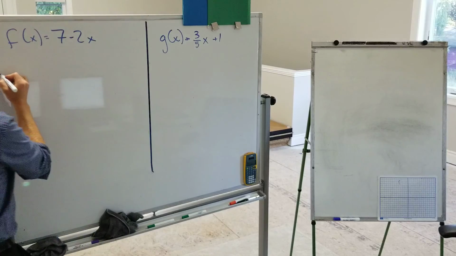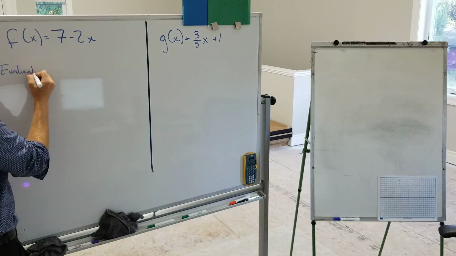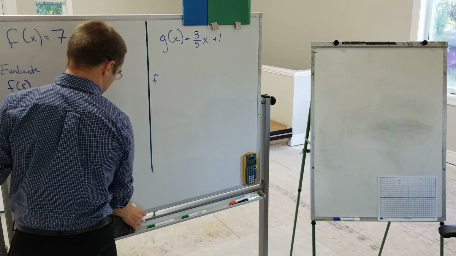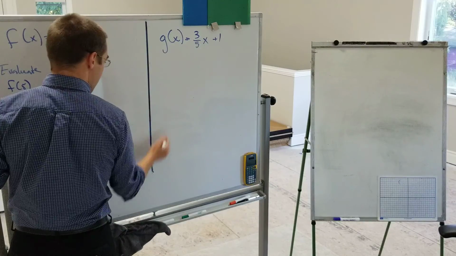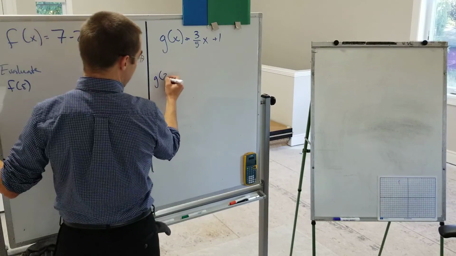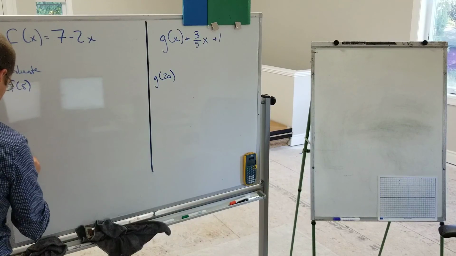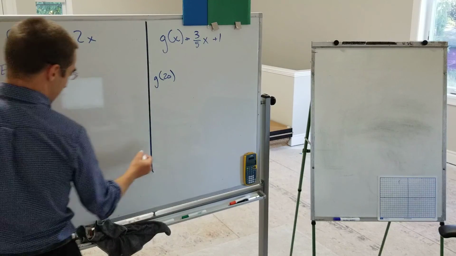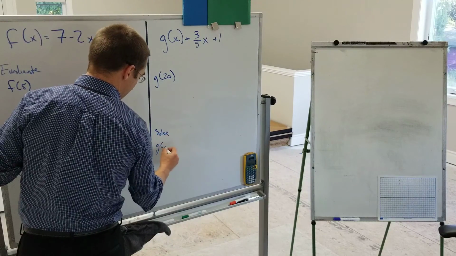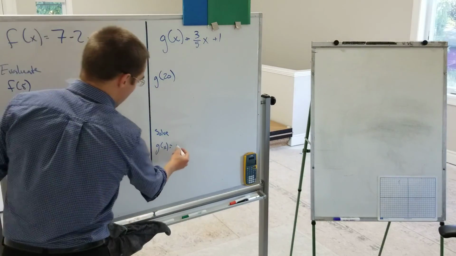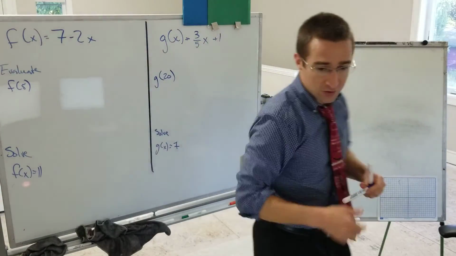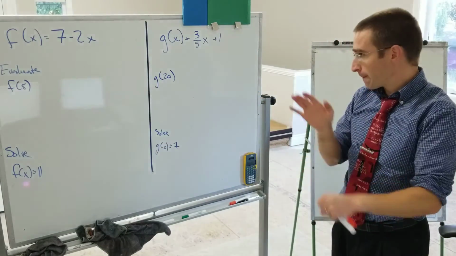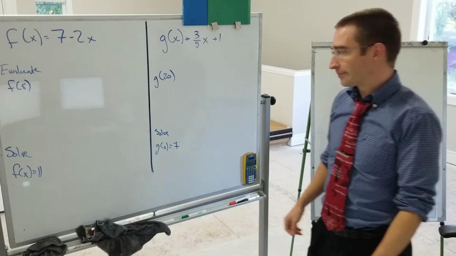Let's go ahead and evaluate f of 5 and g of 20. And then let's solve for f of x equals 11, and solve for g of x equals 7. Go ahead and pause your video right now and just write that down on a piece of paper so you can work along with me. So pause it and come back. Hopefully you paused it, or you've got it written down already.